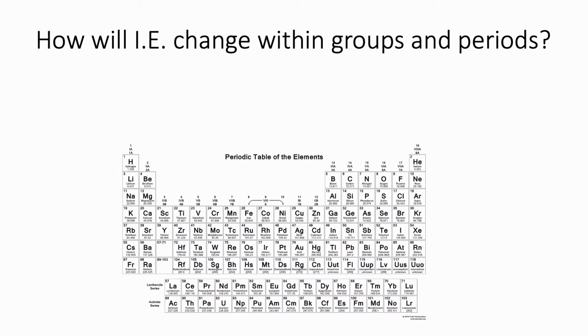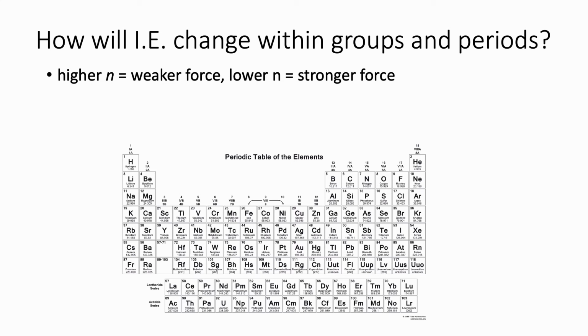How will the ionization energy change within groups and going across periods? Well, the higher your principal quantum number, the weaker the force will be because the farther those valence electrons will be from the nucleus. So the low ionization energies are at the bottom of the periodic table. The high ionization energies are at the top of the periodic table.